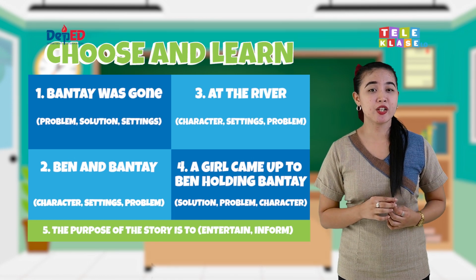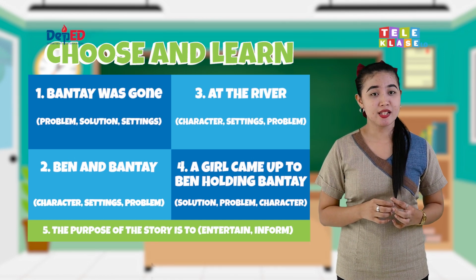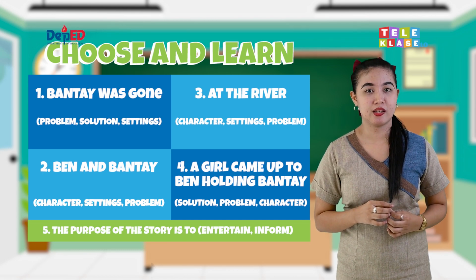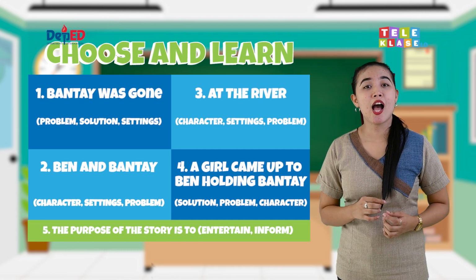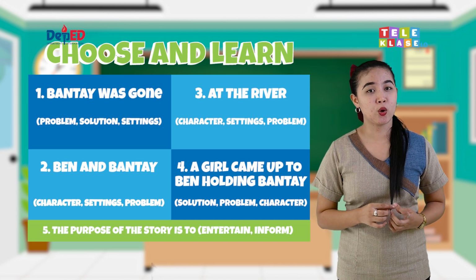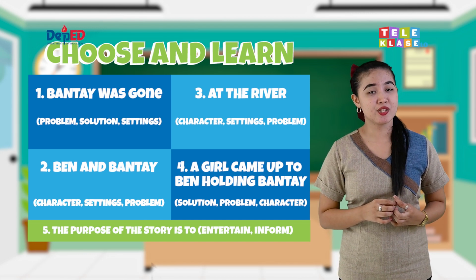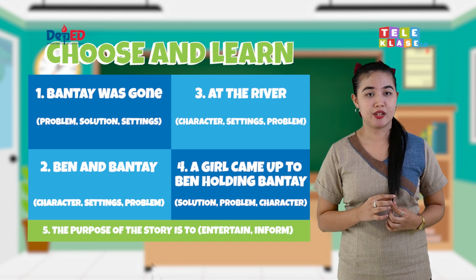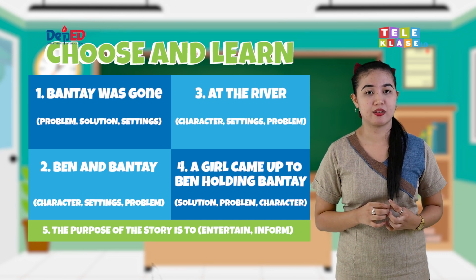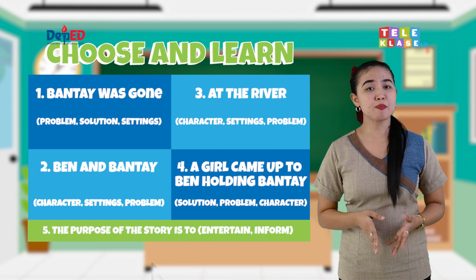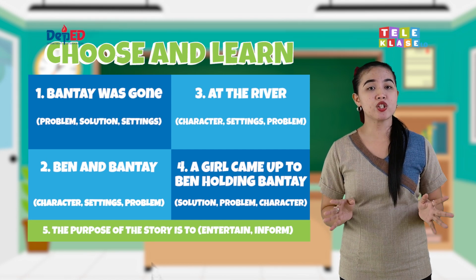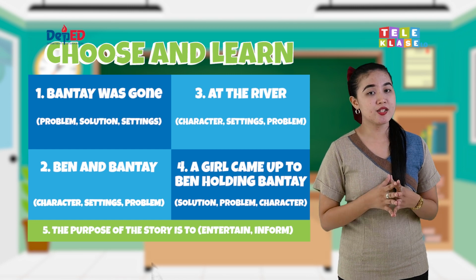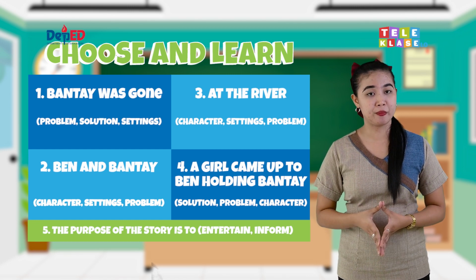Is at the river character, setting, or problem? Number 4. A girl came up to Ben holding Bantay. Is it a solution, problem, or character? For the last part of the activity, which of the following is the purpose of the story? Is it to entertain or to inform?